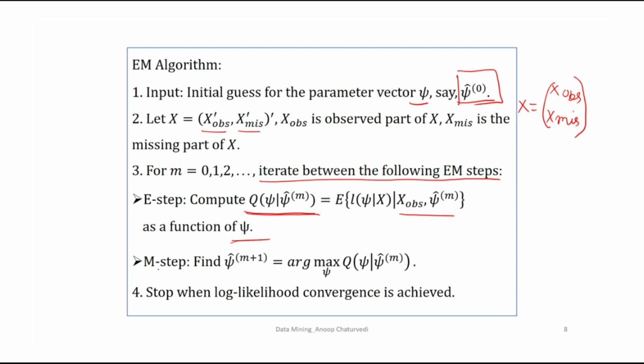And then we come to the M step. We find psi hat m plus 1, which is the argmax over psi of Q of psi given psi hat m. And then ultimately we stop when we achieve convergence of the log likelihood. Here small l of psi given x denotes the log likelihood.